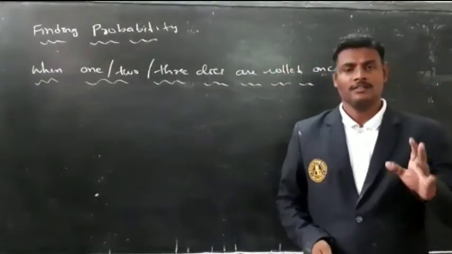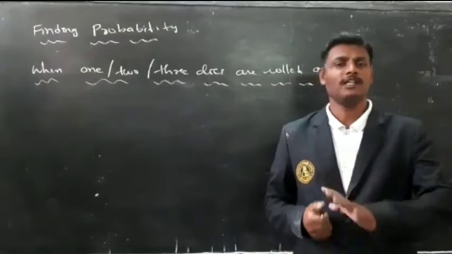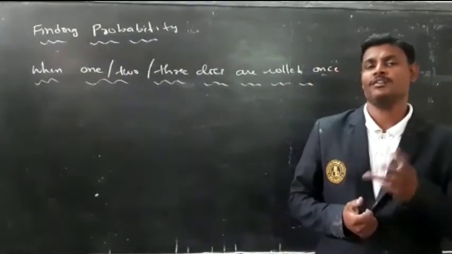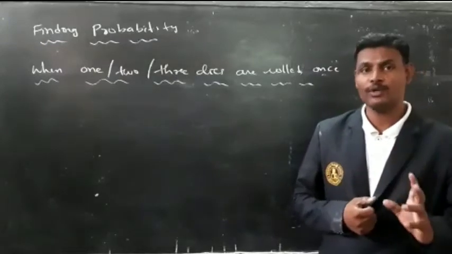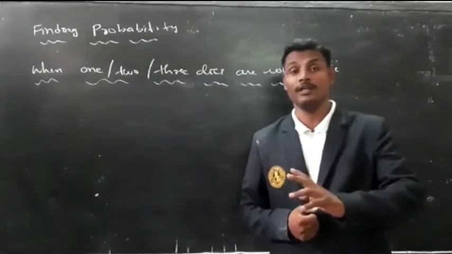See here, we completed how to find the probability when one coin or two coins or three coins are tossed. So today I am going to explain how to find the probability on dice.